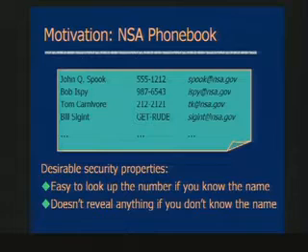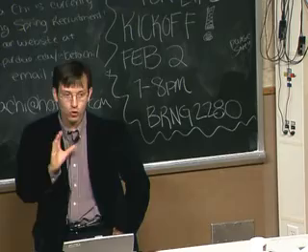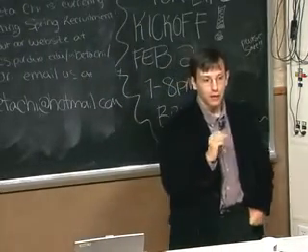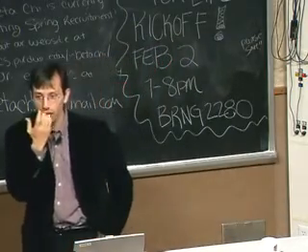Here we have a list of names, a list of phone numbers, a list of emails. What you want is to give this phone book to people in such a way that it's easy to look up the number if you know the name, but if you don't know the name, the phone book does not reveal anything.